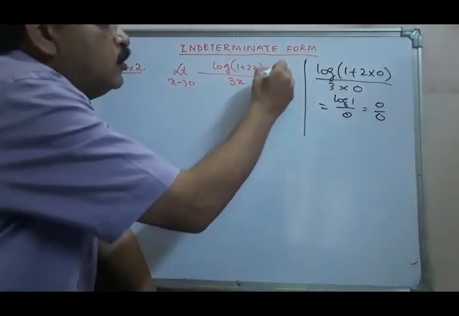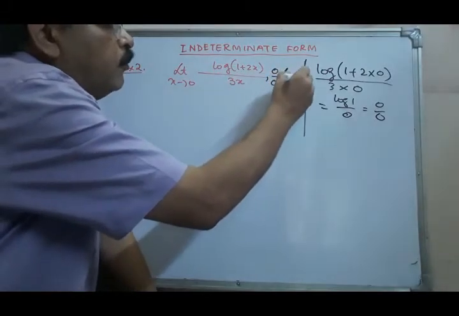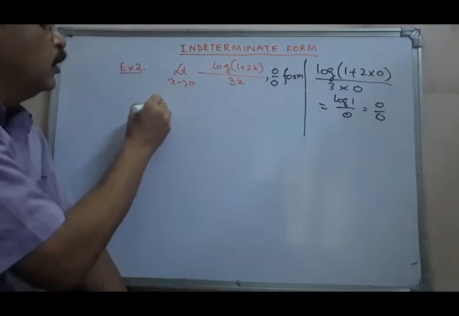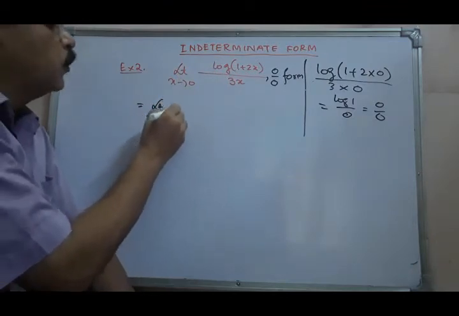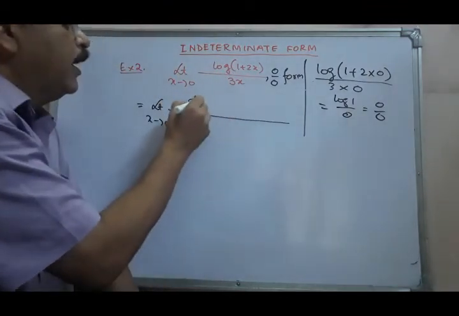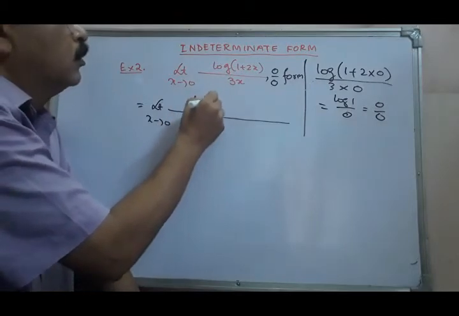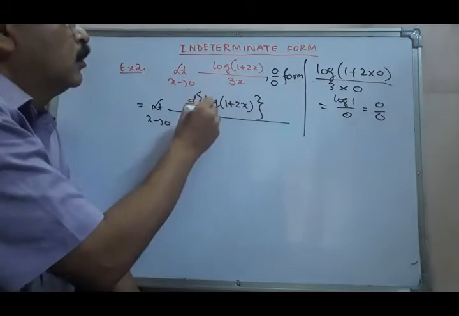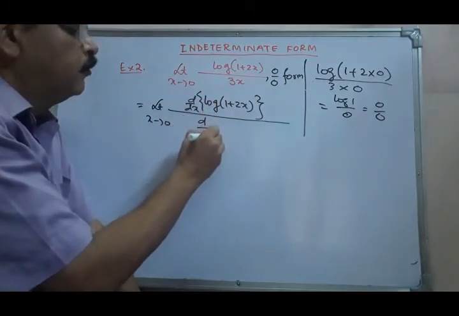It means it is 0 by 0 form, so we can apply L'Hospital rule, that is limit x tending to 0 of d/dx of log(1 plus 2x) and d/dx of 3x.